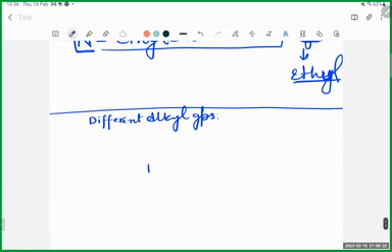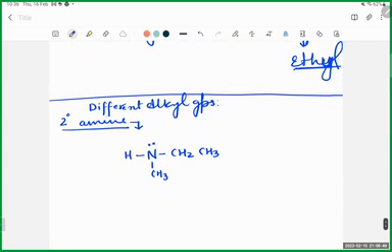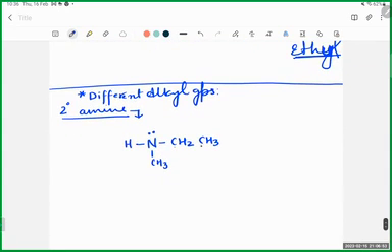So if we have a compound where one side is attached to CH2 CH3, the other side we have just CH3, and here is the hydrogen. We are talking about secondary, 2-degree amines, applicable for different alkyl groups. You can see this holds 2 carbons, and here we have 1 carbon.